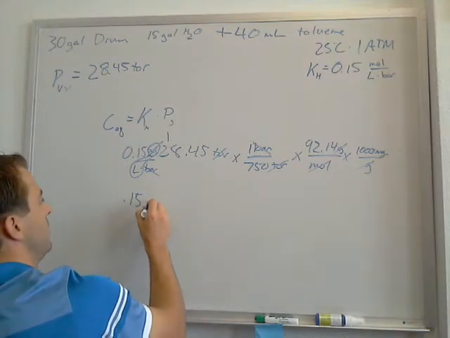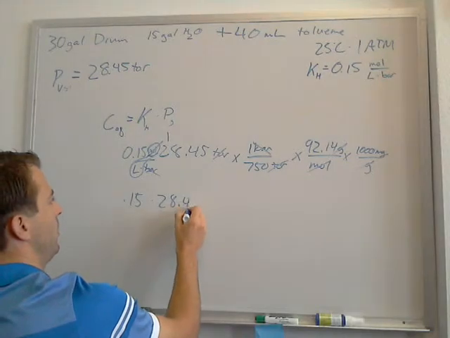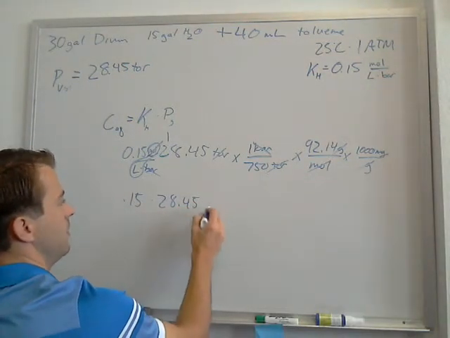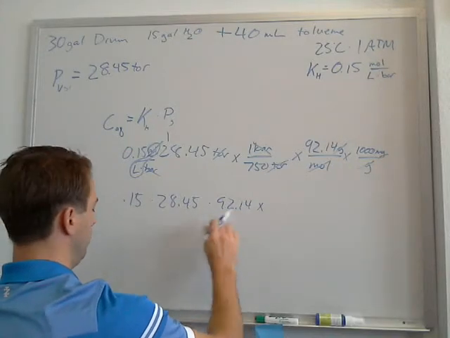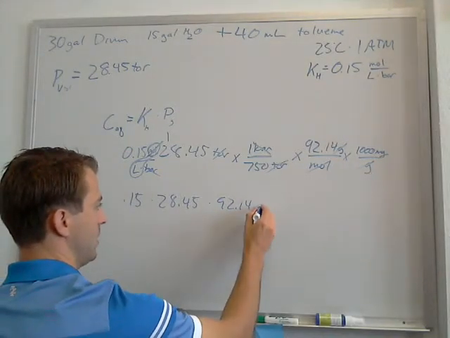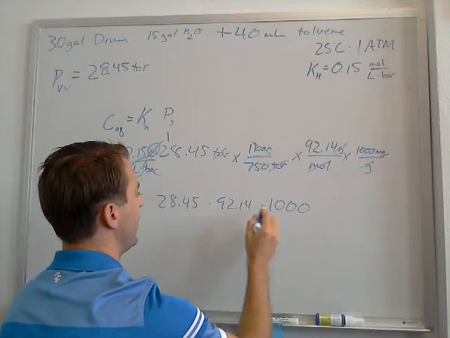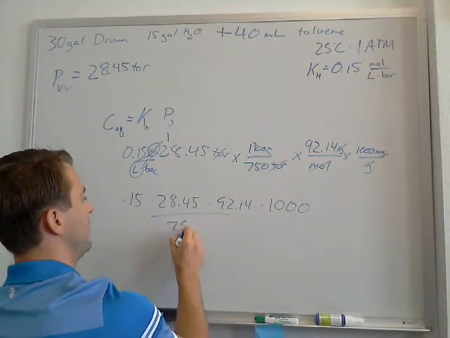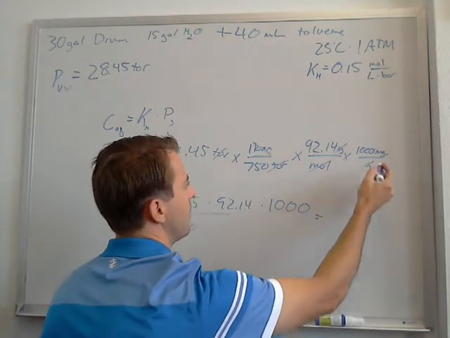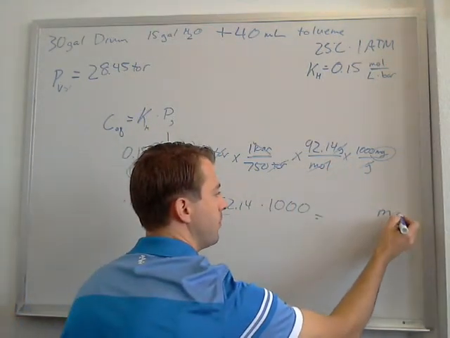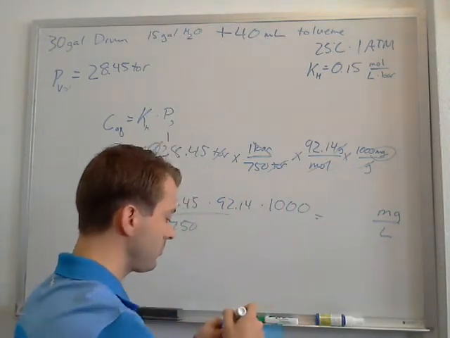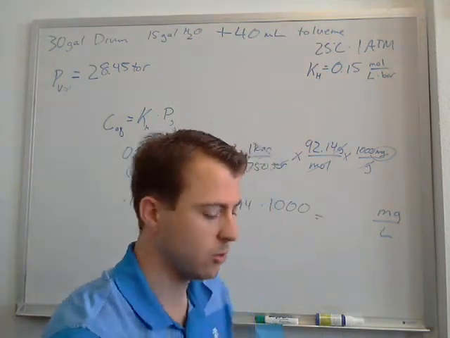Alright, so now this equals 0.15 times 28.45 times 92.14 times 1,000 divided by 750, and our final units are going to be milligrams per liter. Alright, so what is this value?